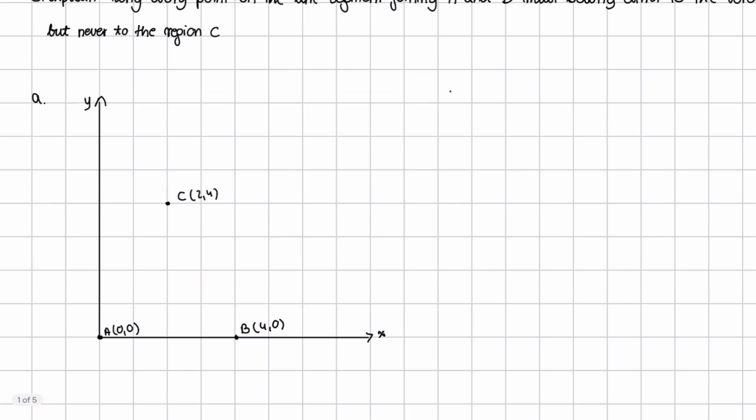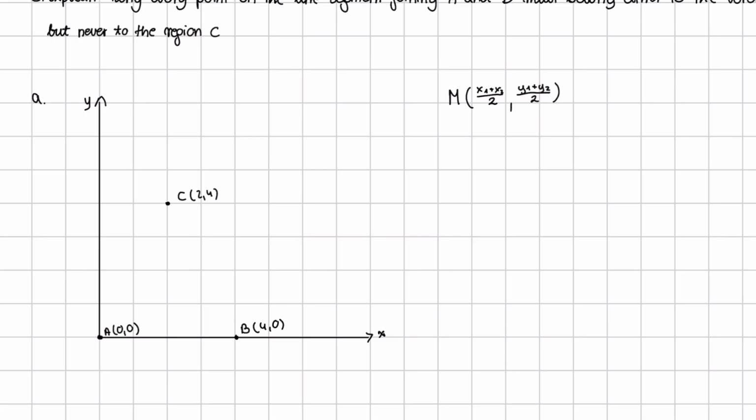The midpoint is x1 plus x2 divided by 2, because we have two values, x1 and x2, and the same as with y: y1 plus y2 over 2.